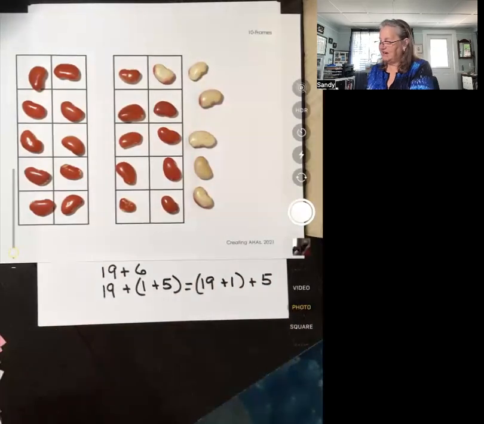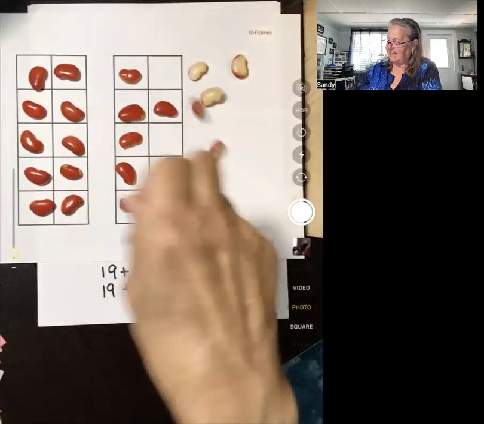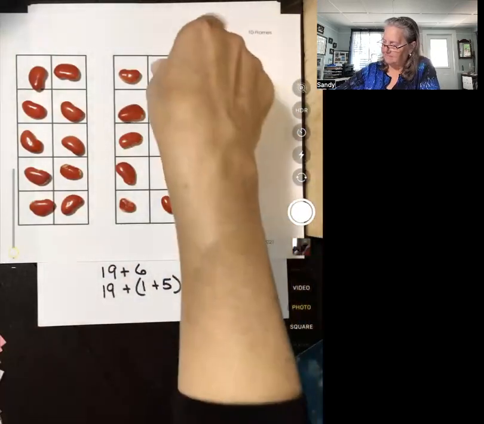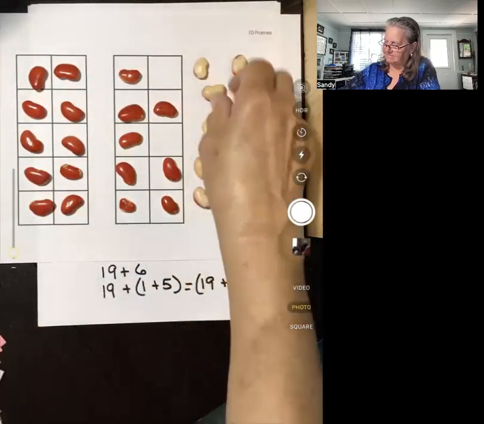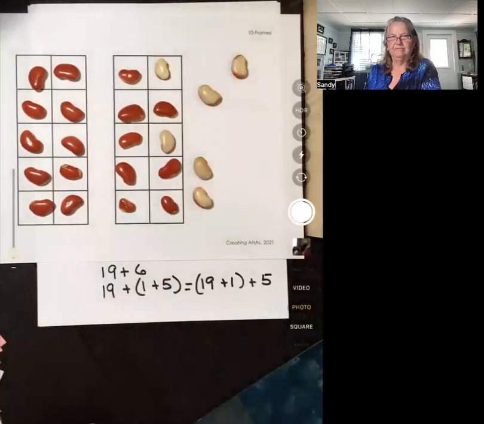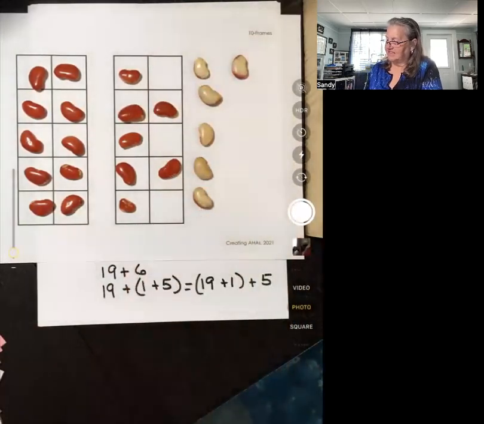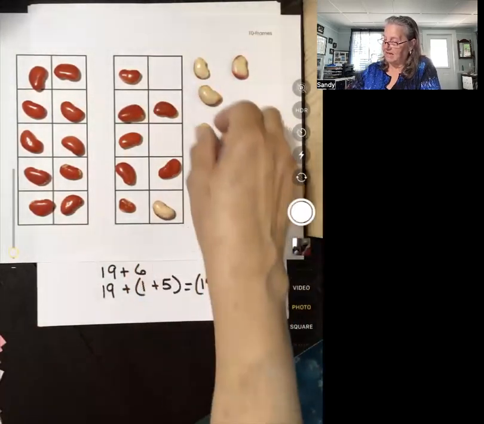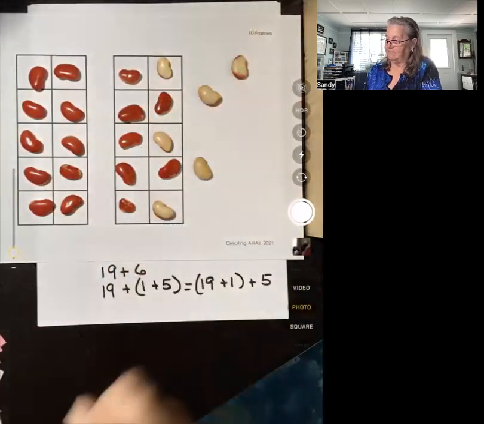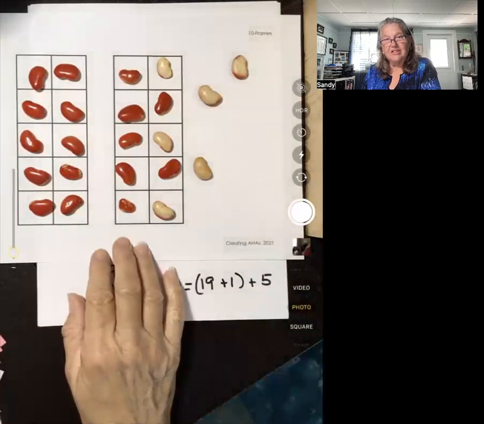Okay, now I keep showing you with 19. What if I had said 18 and 6. What's that the same as? 20 and 4. What if I had said 17 and 6? Oh, same as 20 and 3. This strategy, again, will work with whole numbers.